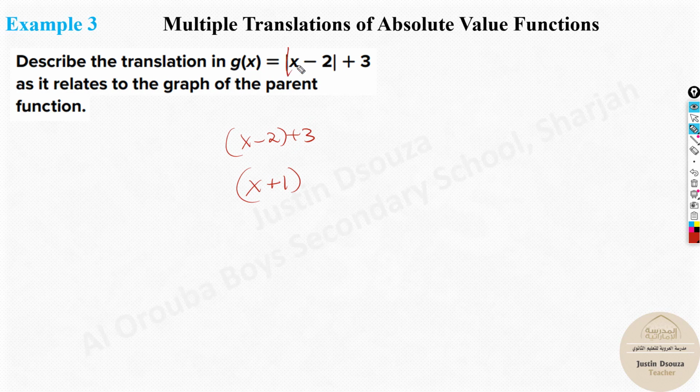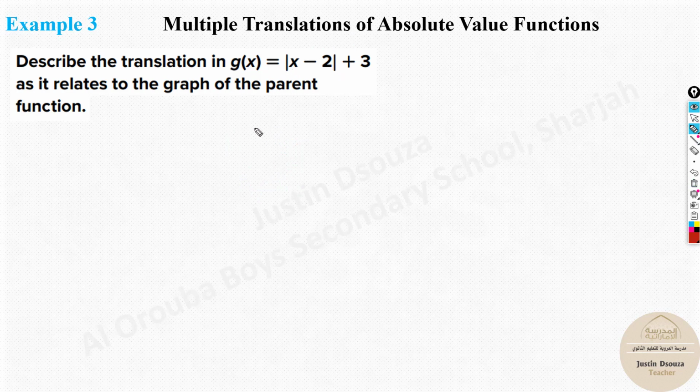But here, this is not brackets, it's the absolute or modulus symbol, absolute value functions. You can't do this over here. These cannot be solved this way. The way to solve it, as you studied in the previous module, is different. There are 2 cases to solve it. So you can't simplify it.